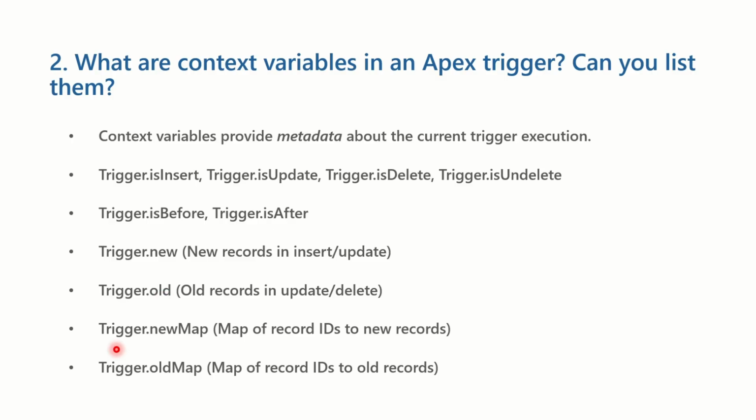Then the same version we have in map, Trigger.newMap, which is a map of record IDs to new records, similar to Trigger.new. And Trigger.oldMap is again a map of record IDs to old records. So all the field values would have existing values which are present on the record in oldMap, and newMap is about the new values that are getting inserted or updated on the record. Okay, so the new collection is stored in newMap and the existing collection is stored in oldMap.